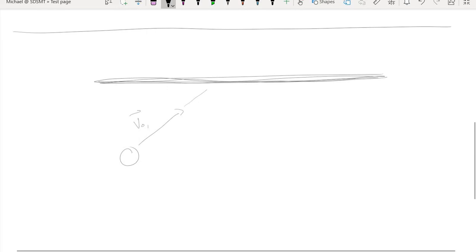It will strike the billiard table at what we call an incident angle of theta. And then it will rebound with the same angle theta and a final velocity, v final. Now, since we only have the one billiard ball, we don't really need the subscript of 1.